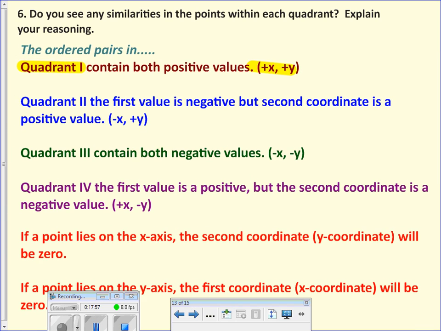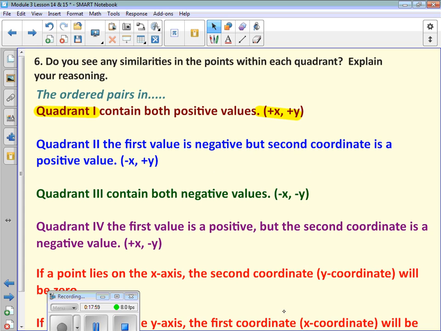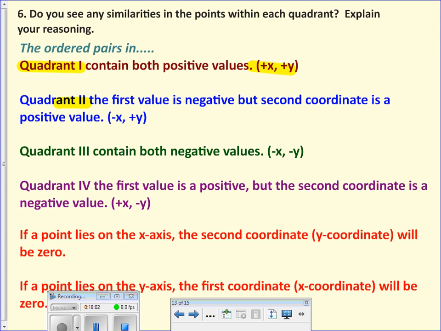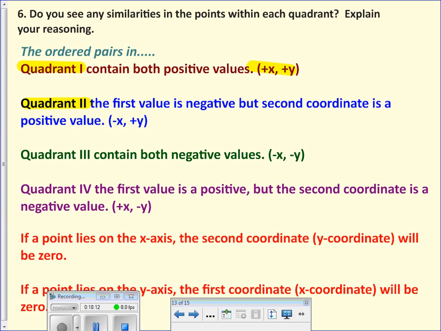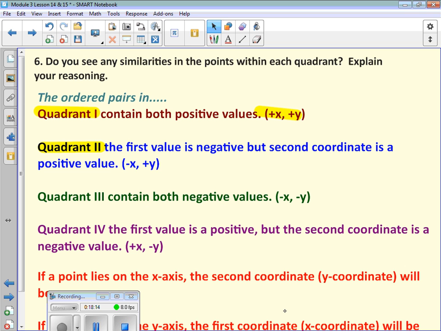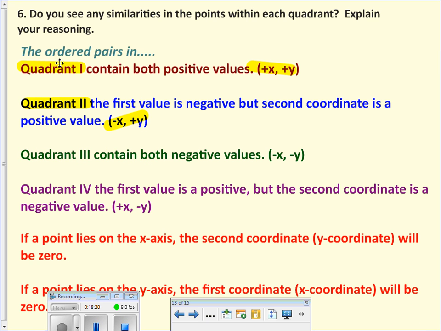Quadrant 2 will have a negative x and a positive y. Whoops. My highlighter is acting all weird today.